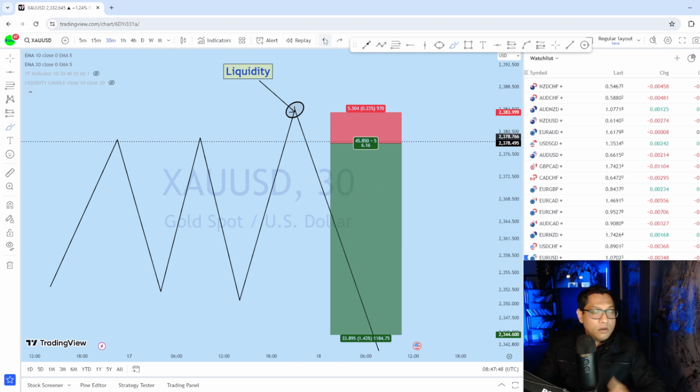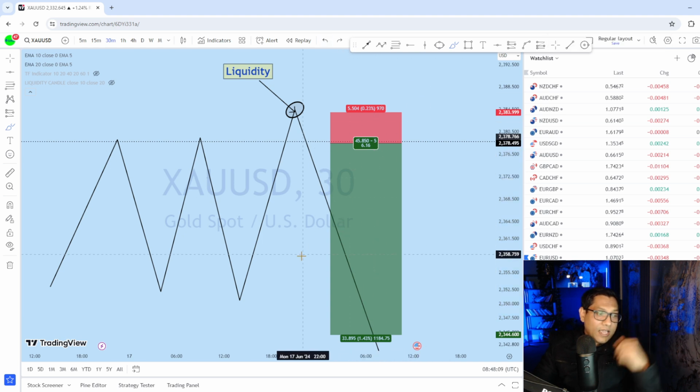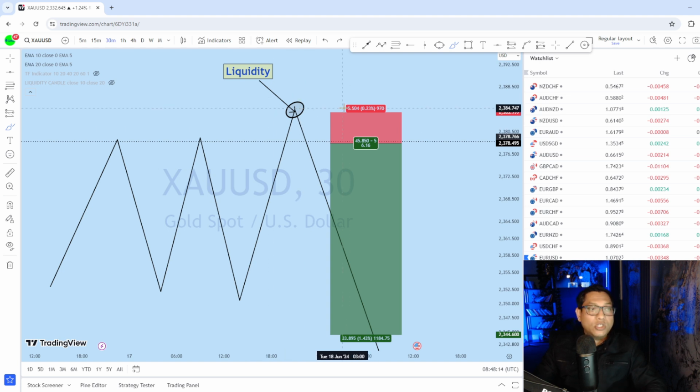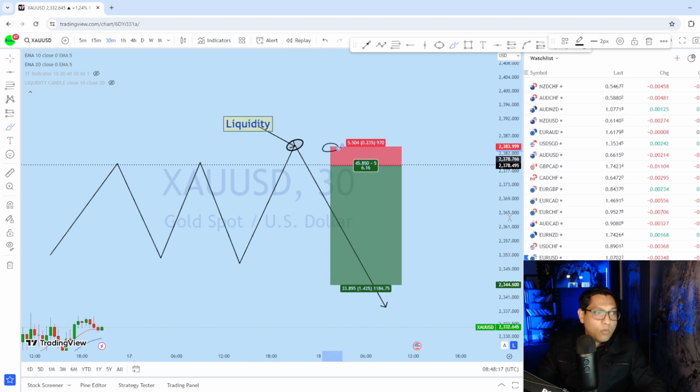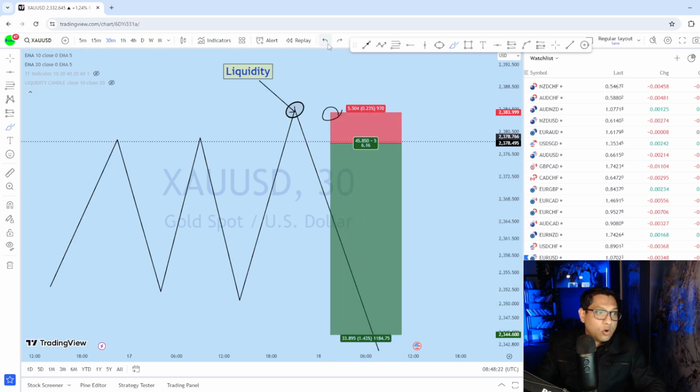Therefore, the biggest trap here is that when traders start to believe that the market will drop from this level, they place a sell and a stop loss above this high, just to see that the market, instead of dropping in that direction, goes up a little bit further to the upside, hits that stop loss, and then rejects from that level down to the support level, to the liquidity zone.